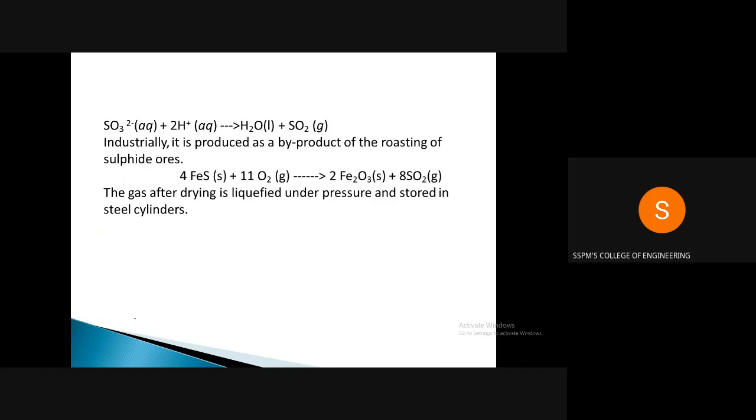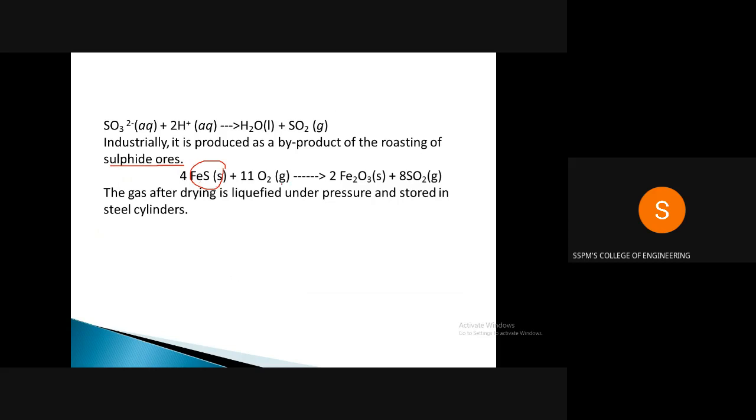Then sulfur reacts with hydrogen to form water and sulfur dioxide. Sulfur dioxide is industrially produced as a byproduct of the roasting of sulfide ores. They are also called chalcogens because they form sulfide ores.